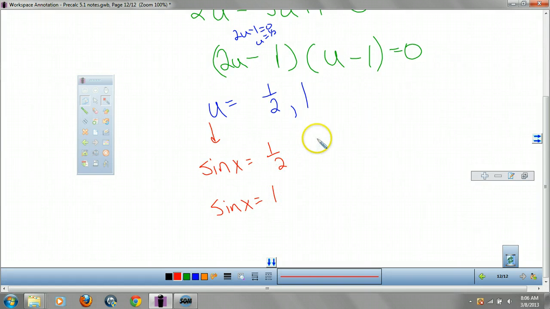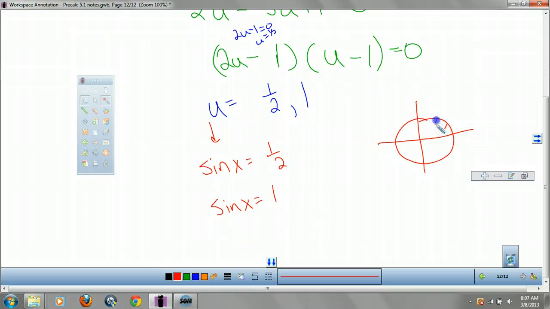Now where is sine equal to a half? You guys remember? Unit circle. Isn't it your good old pi over 6?